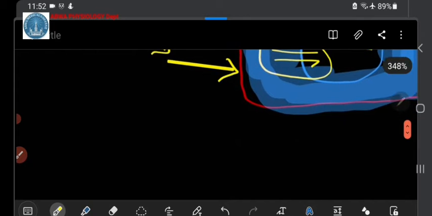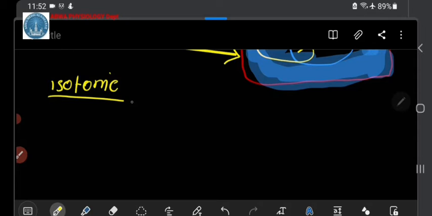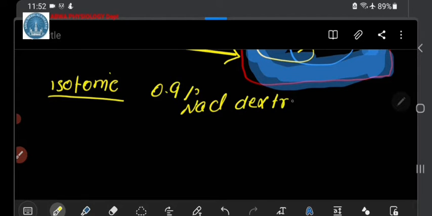Now I would give you some examples of how these fluids are clinically used. Number one is isotonic, the same composition as inside the cell compared to outside the cell, that is 0.9% sodium chloride, dextrose in water.